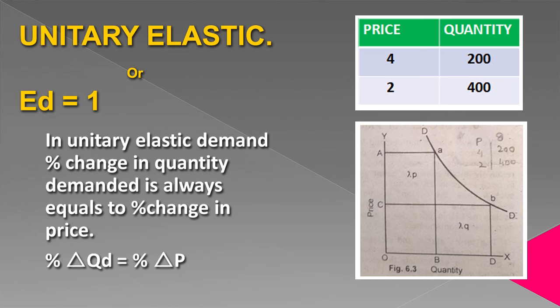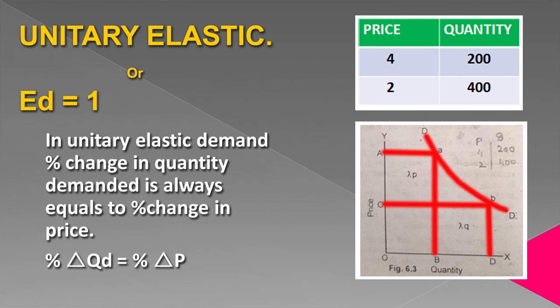This is elasticity equal to 1 or unitary elastic demand. This can also be shown in a graph. You can see price is OA, or according to the table we can say price is 4, quantity demanded is 200. Price decreases to 2, there is a change of 50% in price. Demand increases to 400, change of 50% in demand also.